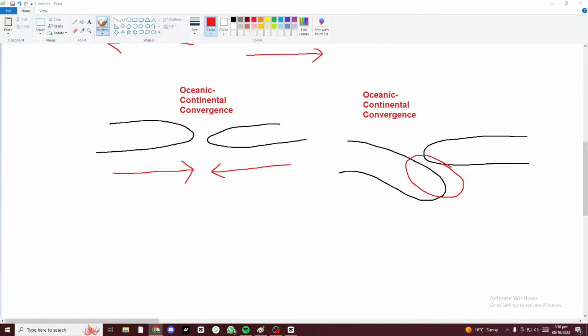So an example of this is the Juan de Fuca and the North American plate boundary. Probably butchered that name, but I'll see if I can find a photo of it. No, not really. I don't know, but that's not really a good example.